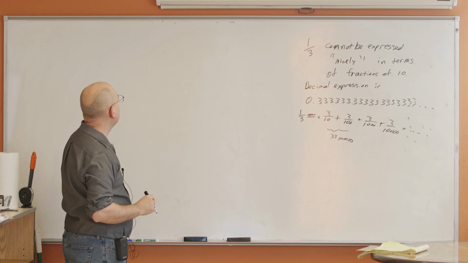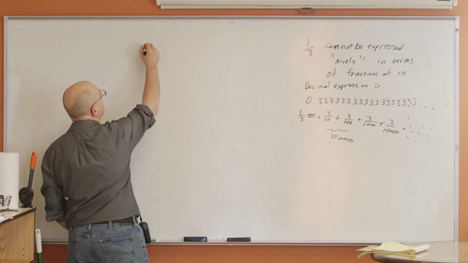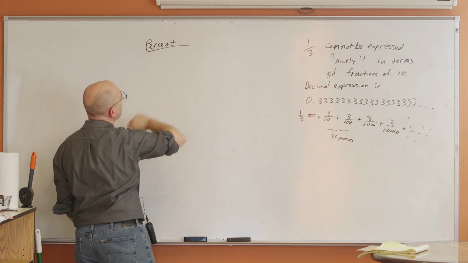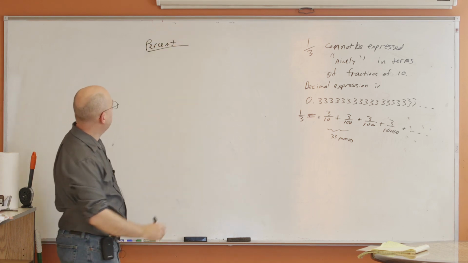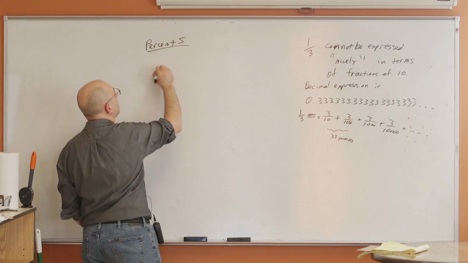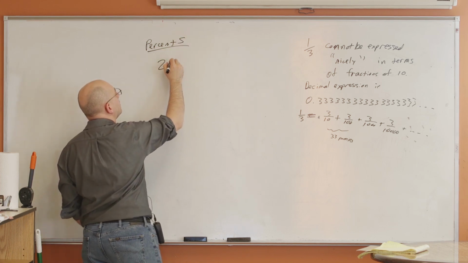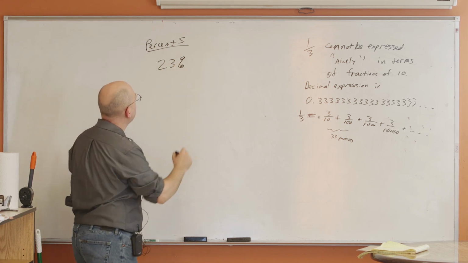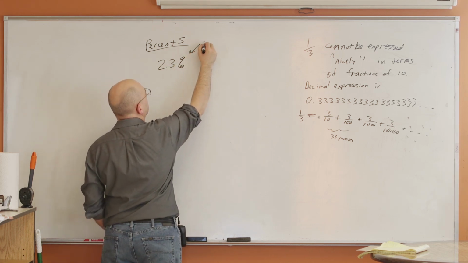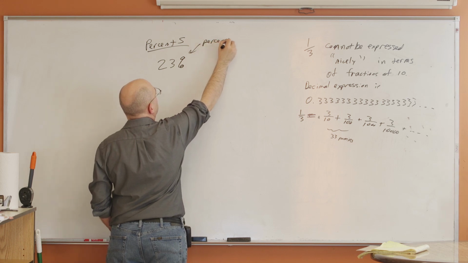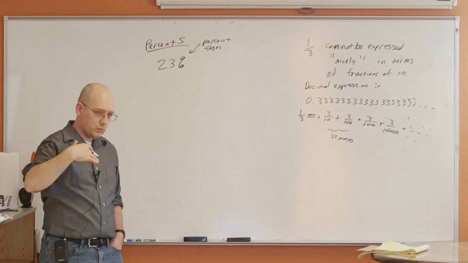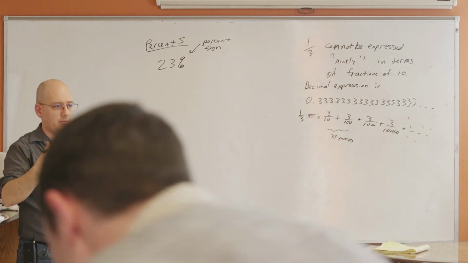All right. One other thing to know about that we're almost basically fine with at this point is percents. So if I say something like 23%, that's a percent sign. Well, percent means per 100, right?